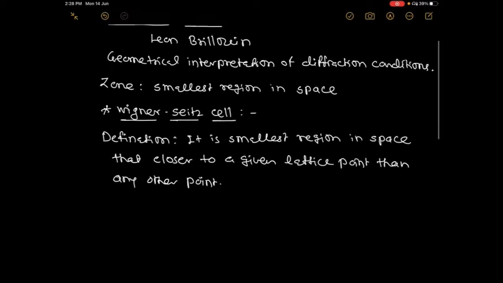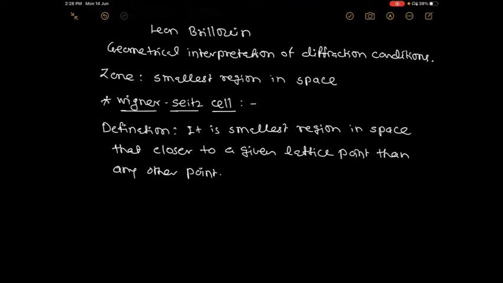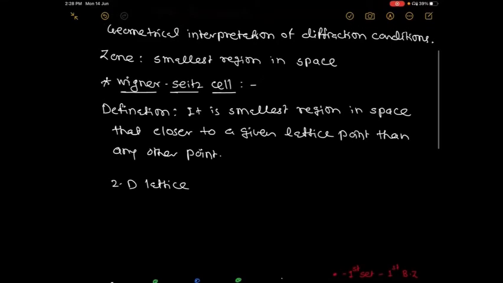Now, how is the Wigner-Seitz cell constructed? For that, we use a two-dimensional lattice and draw the geometry.